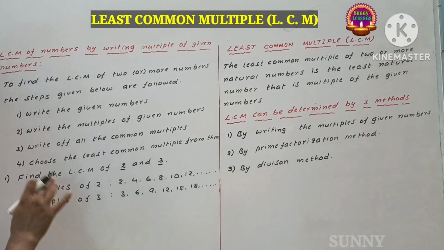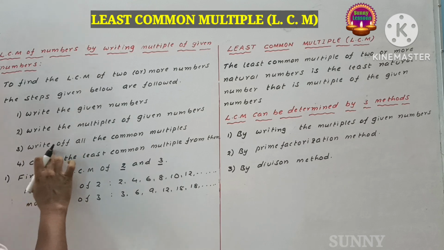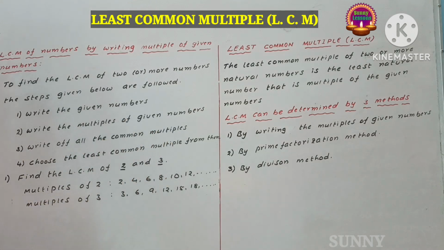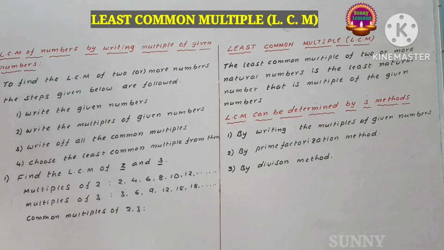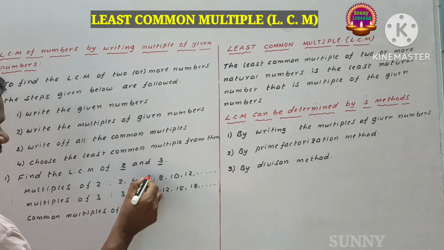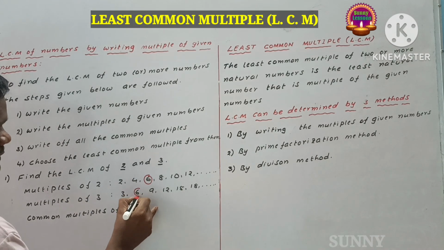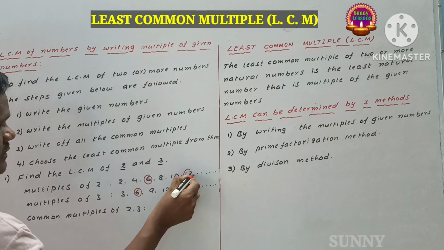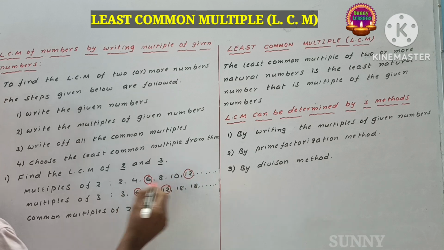The third step is to write all the common multiples. What are the common multiples of 2 and 3? 6, 12 and so on.